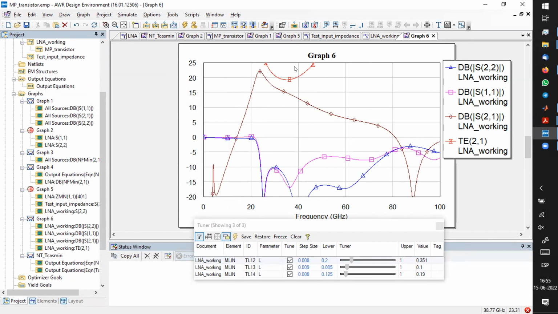No, that's 20 Kelvin, but it's 10 Kelvin too high. I don't get it now. We were aiming for, it was 10 Kelvin, right? TCAS min, but once you have a lot of gain, TCAS min will be the same. So we have more than 10 dB gain, so we can look at TE.